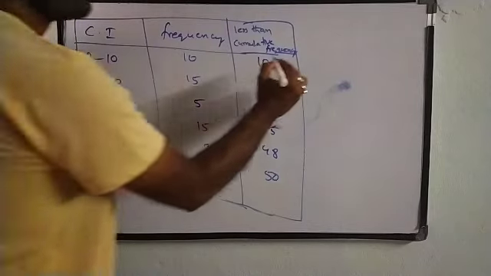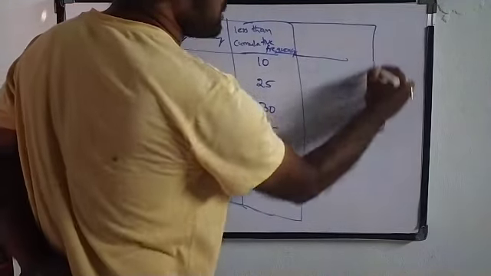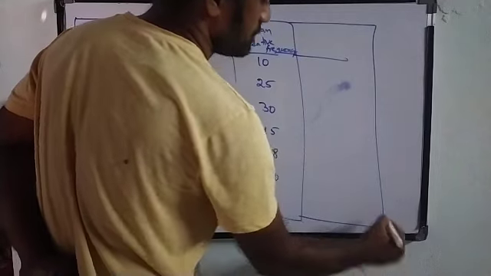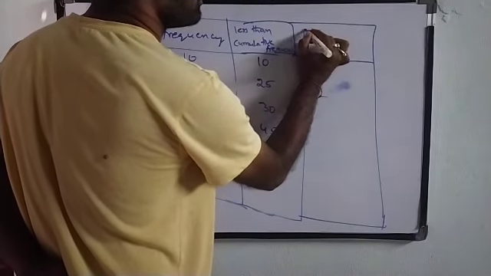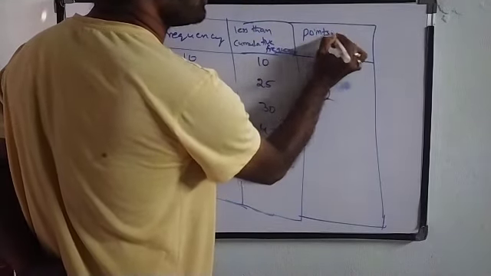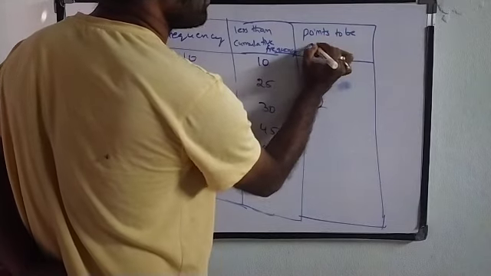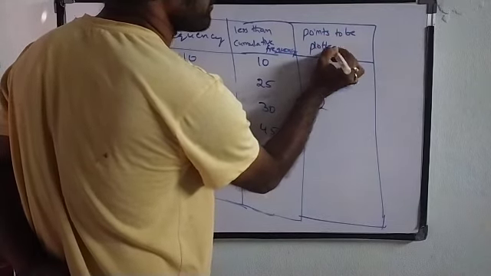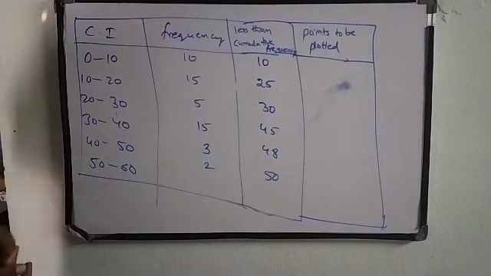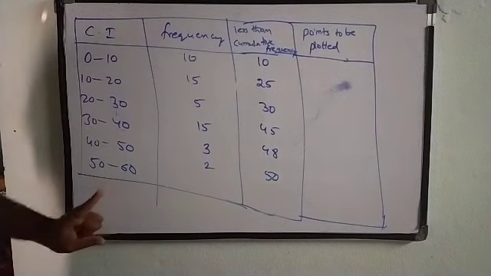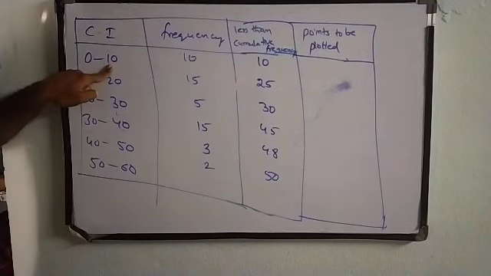Next, the fourth column should be the points which we need to plot on the graph sheet. As I have already discussed, when we are taking the less than cumulative frequency graph, we need to concentrate on the upper boundaries.